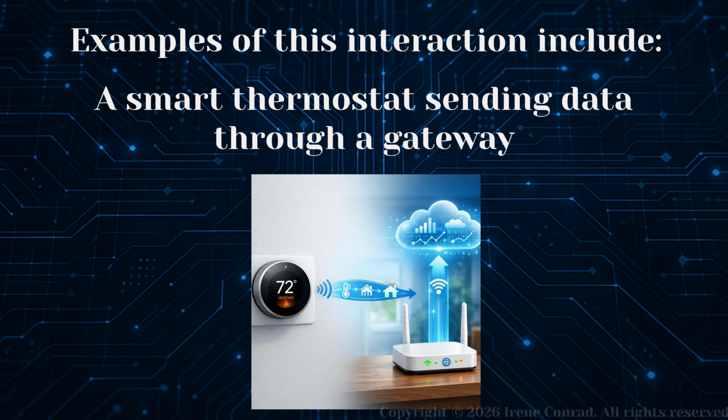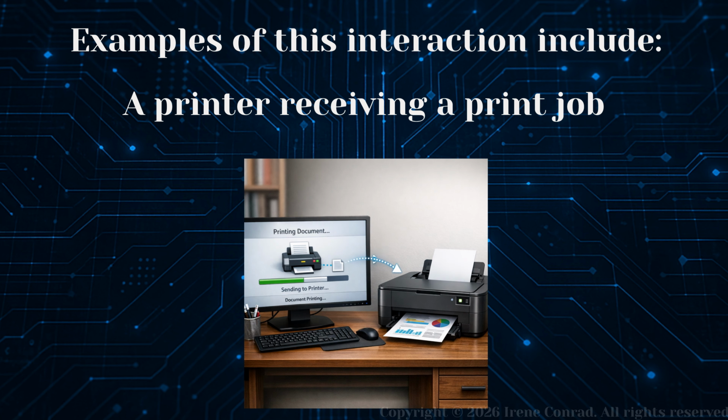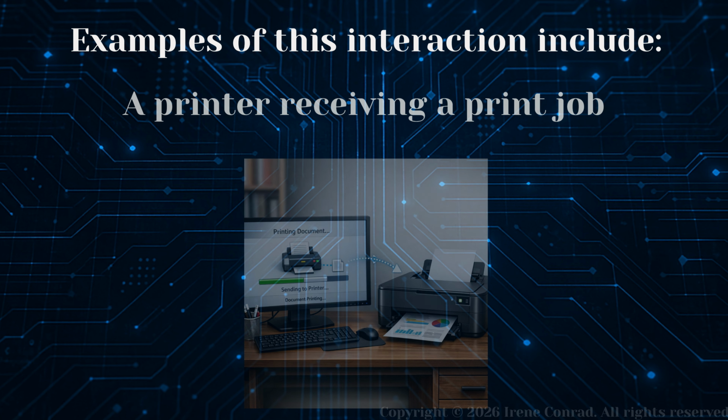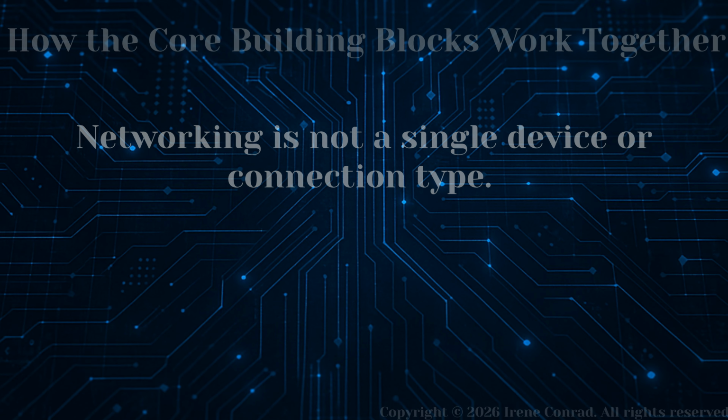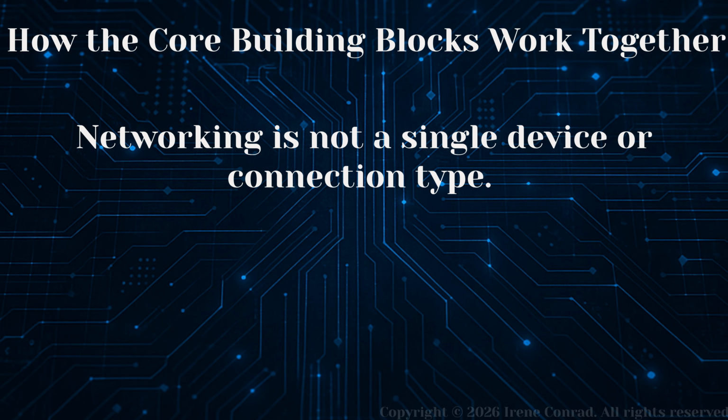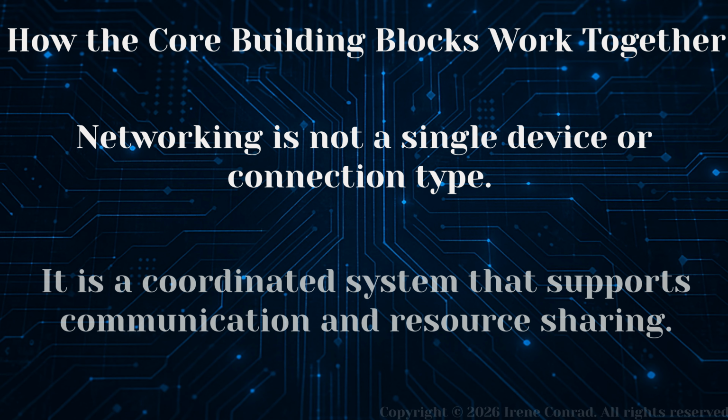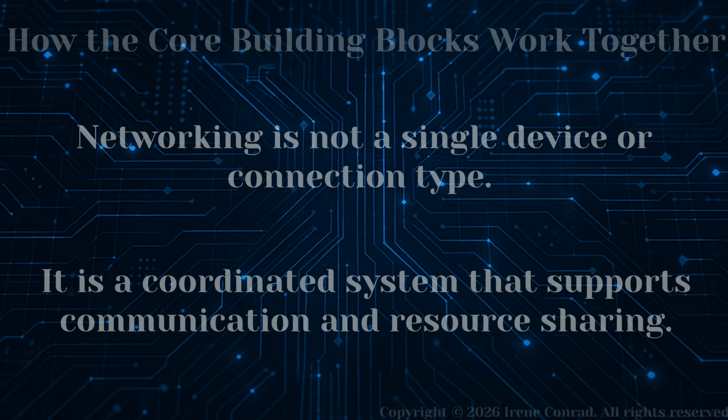A smart thermostat can send information through a gateway. A printer can receive a print job. A user can access files or other resources across the network. That's really what networking is. Not just hardware, not just cables, not just Wi-Fi, but a system where multiple parts work together so communication and sharing can happen.